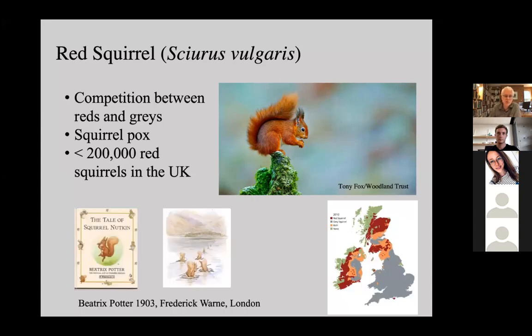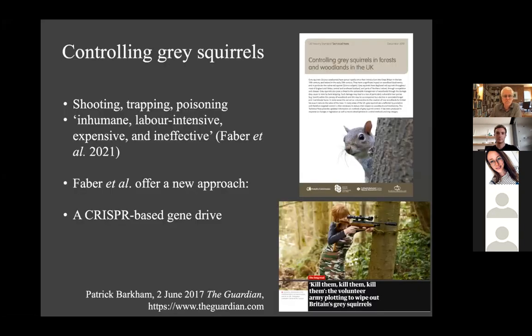Beatrix Potter's book, The Tale of Squirrel Nutkin, makes the cute little red squirrel the great poster child of British conservation. So how do you control grey squirrels? Well, you shoot them, you trap them, you poison them. Methods that Faber et al. talk about as inhumane, labor-intensive, expensive, and ineffective.